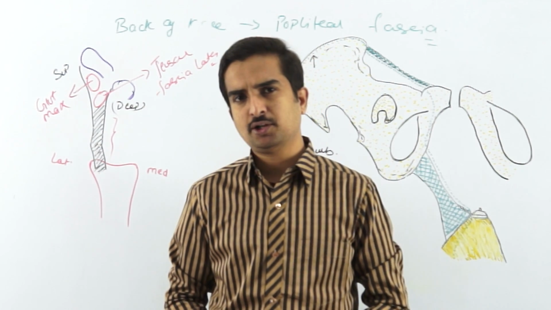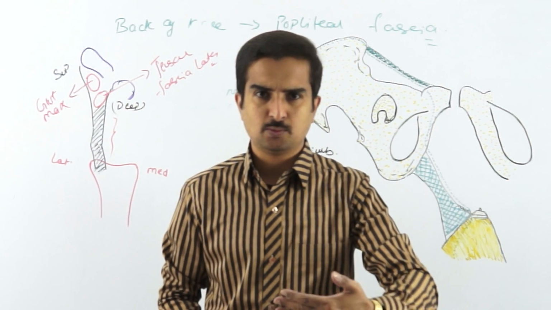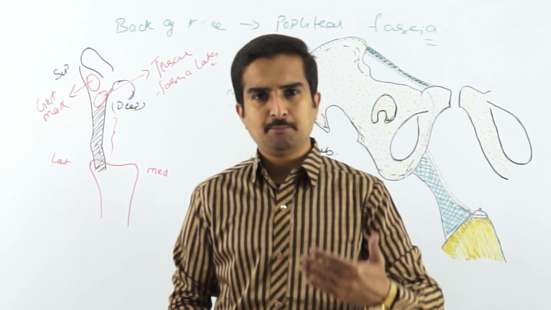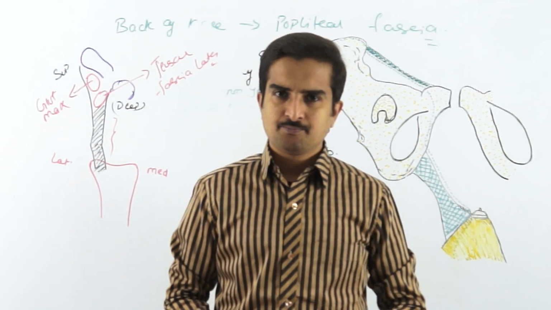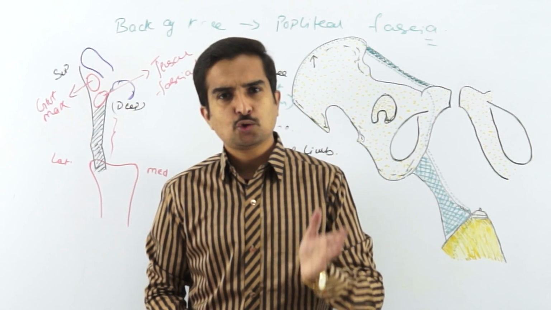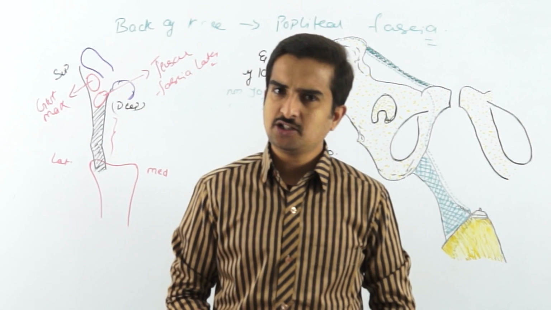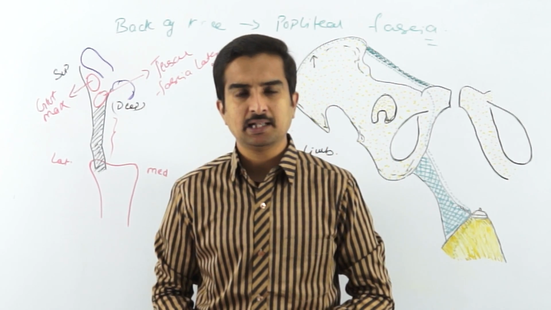What is the important point here? Whenever a subject leans forwards with a semi-flexed knee, the iliotibial tract stabilizes the joint against gravity. So this is the importance of the iliotibial tract.